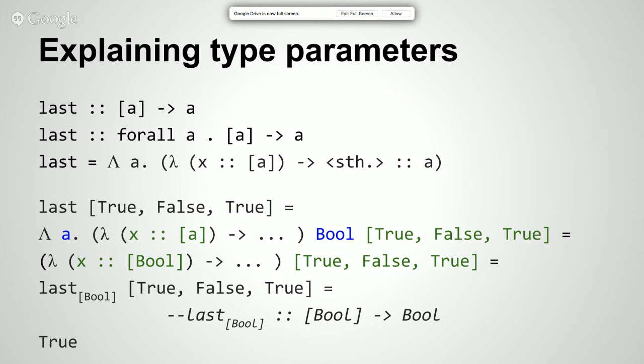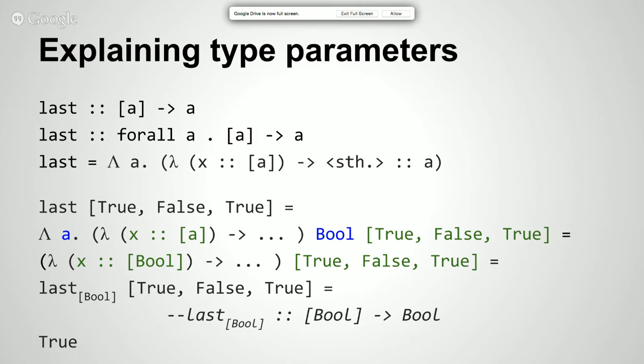So when we apply last to true, false, true, we have capital lambda A dot stuff applied to bool, then true, false, true. And this is actually what's going on in Core, which is an intermediate representation that Haskell uses, and deals with these polymorphic types. So then you pass in the type bool.